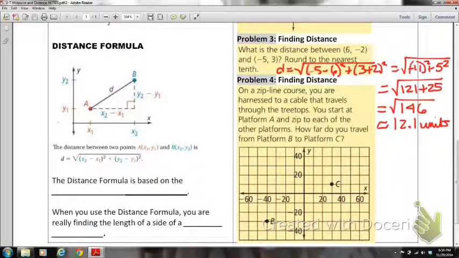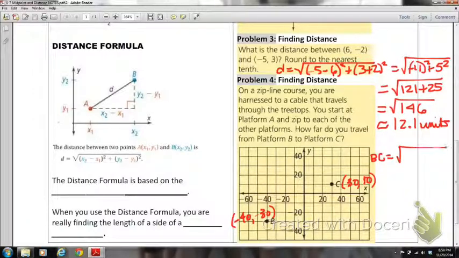Well, the coordinates for B, be careful of your scale. Your scale on the graph is going by tens. So B is (-40, -30), and C is (30, 10). So we want the distance traveled from B to C, so we want the length of segment BC.